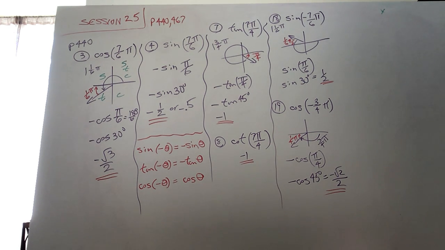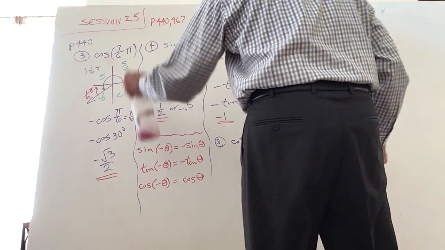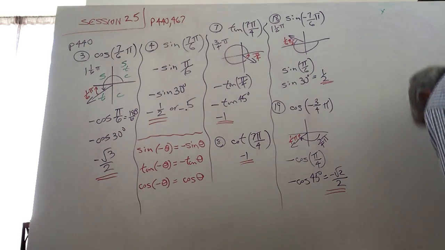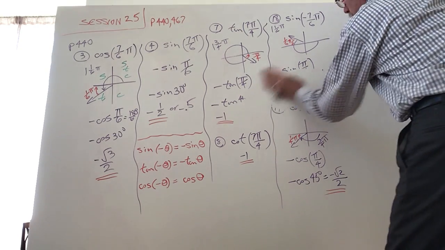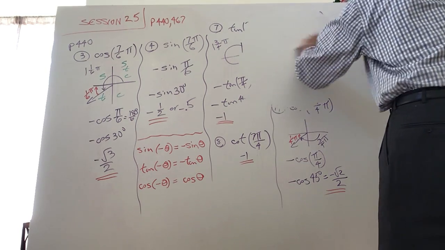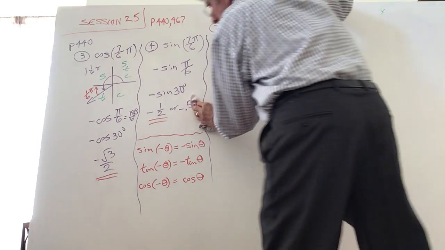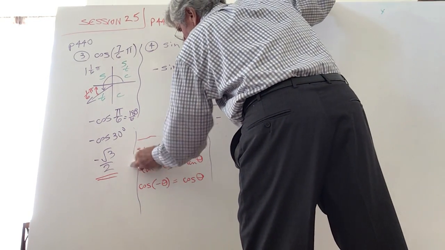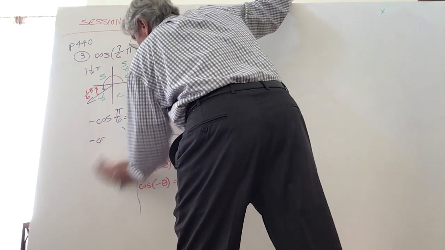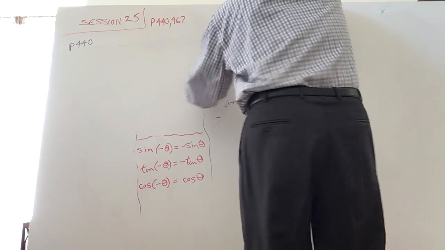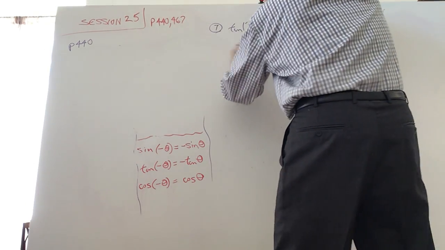After number 19 here, we're going to go on to number 27 next, okay? So I'll ask you to take a look at number 27 while I'm erasing this, so you can use your time efficiently. I'll leave the rules there in case you want to use those.